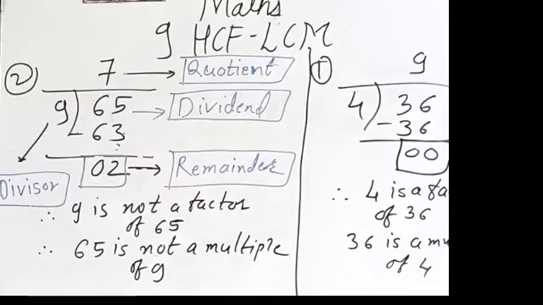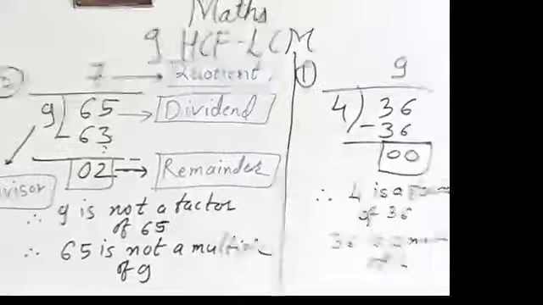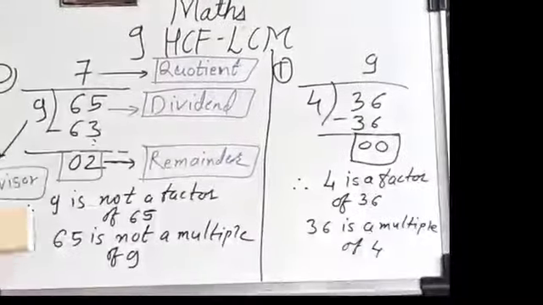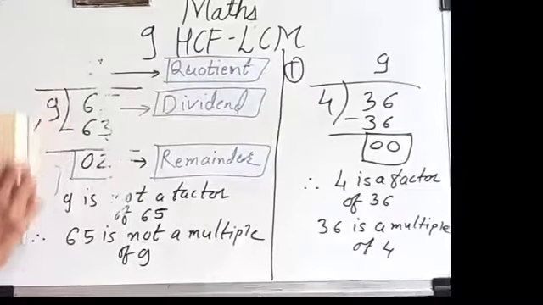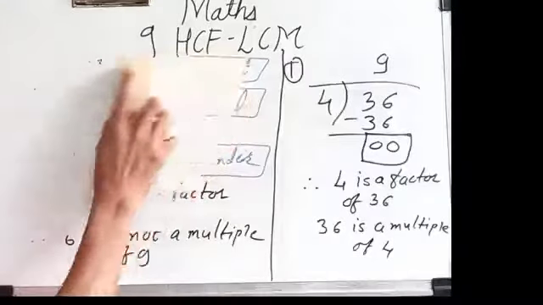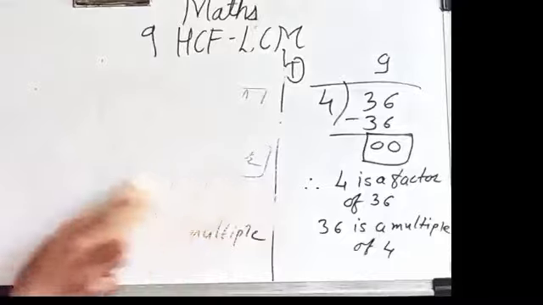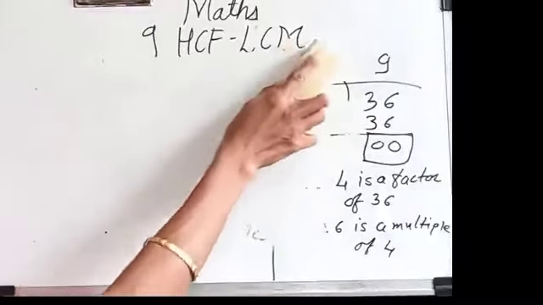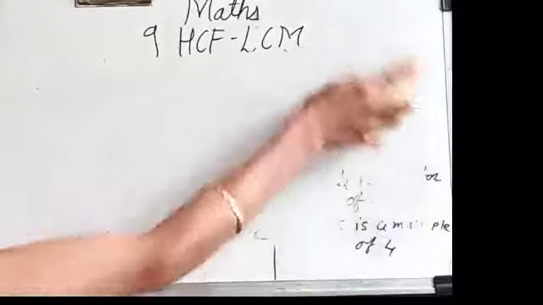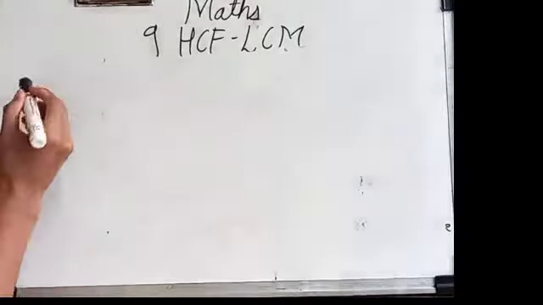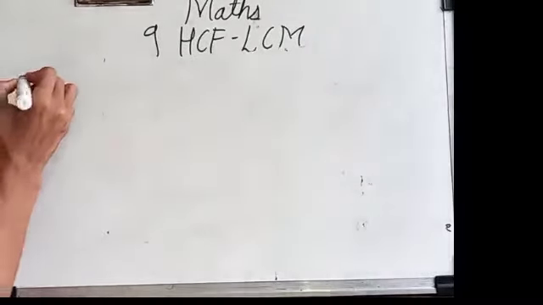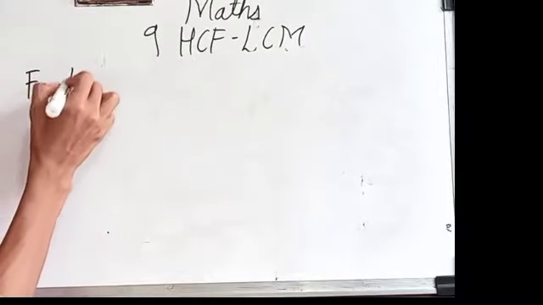Okay. So from these two things, what I want to tell you is that when we want to find the factors of any number, you have to see whether that number is divisible by such a number or not. So if I want to find the factors of 36 now, what do I have to do?